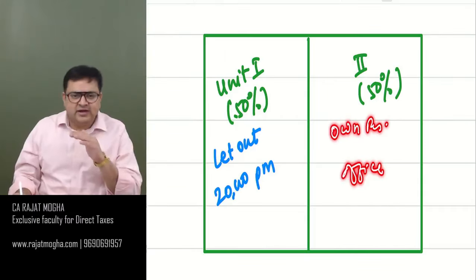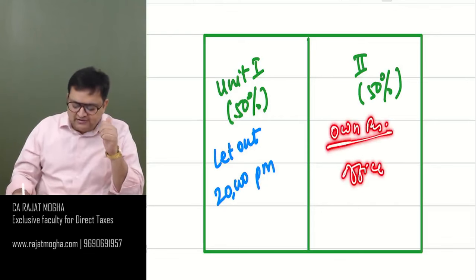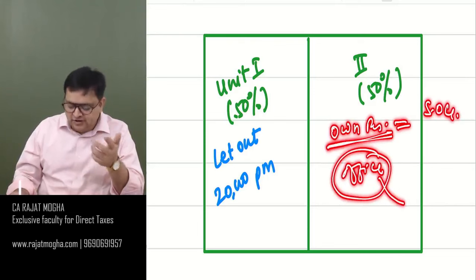Now they are silent. When you use your own residence, it is called self-occupied. And if you use it for your own office or business, it is called PGBP, professional income. Everybody agree?